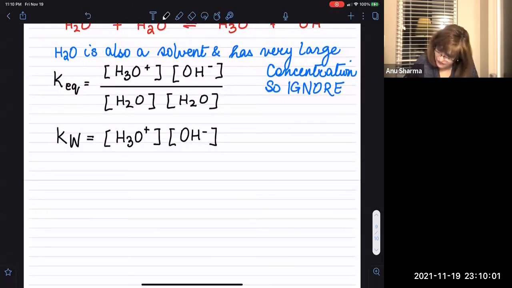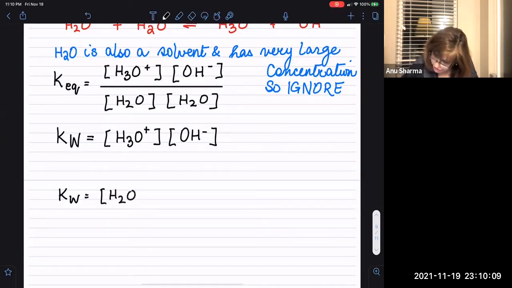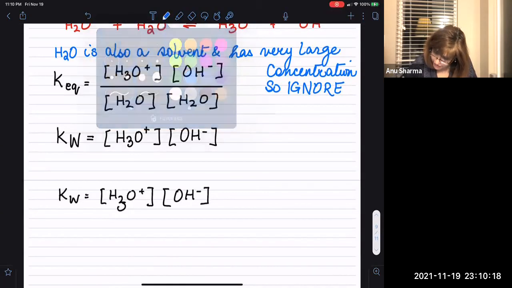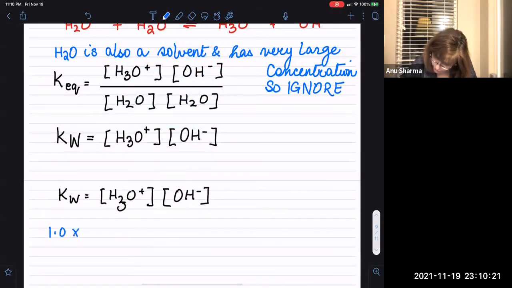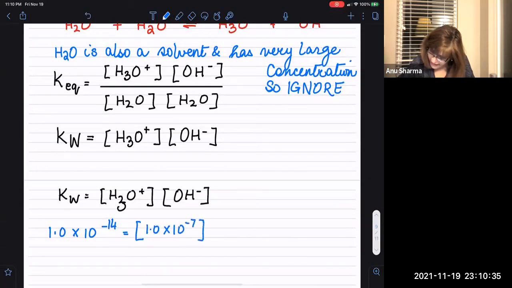Kw is equal to the hydronium ion concentration, H3O plus, times the OH ion concentration. And now we have here 1.0 times 10 to the power negative 14, which is equal to hydronium ion 1.0 times 10 to the power negative 7, and the other one is 1.0 times 10 to the power negative 7.